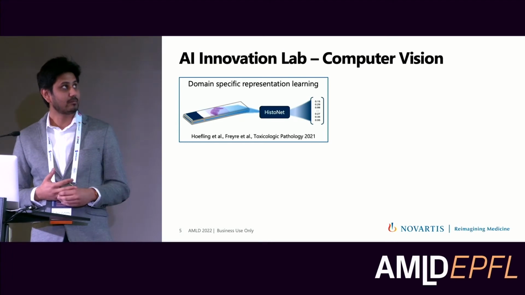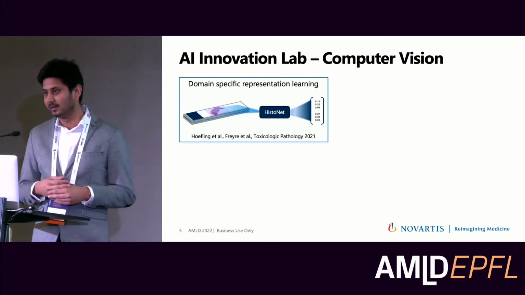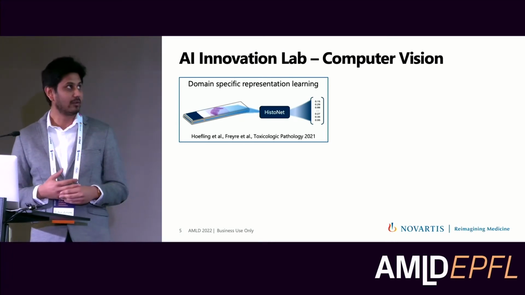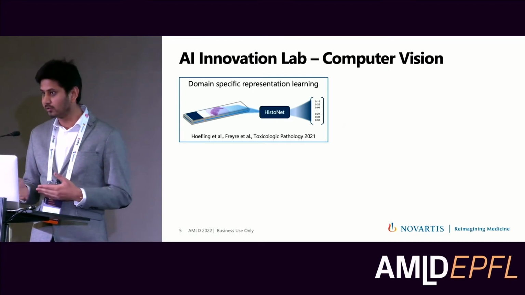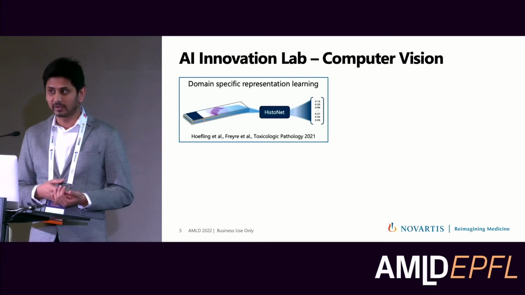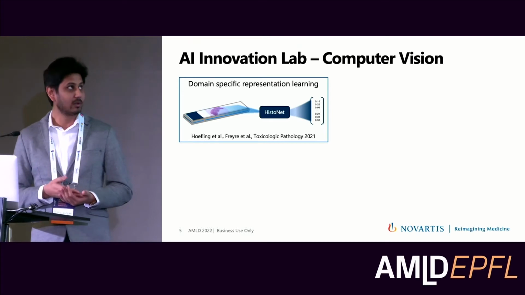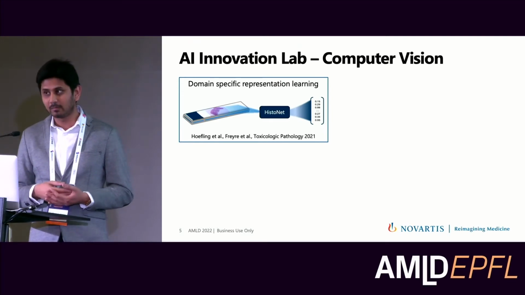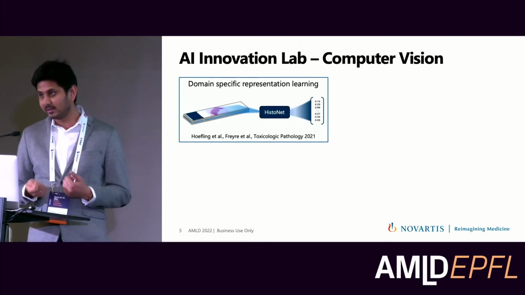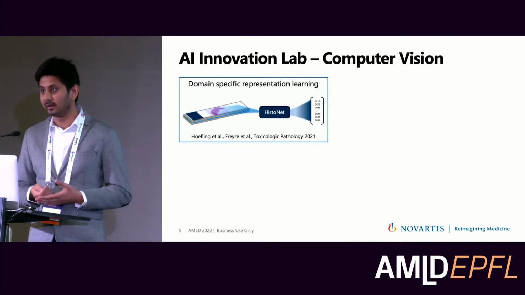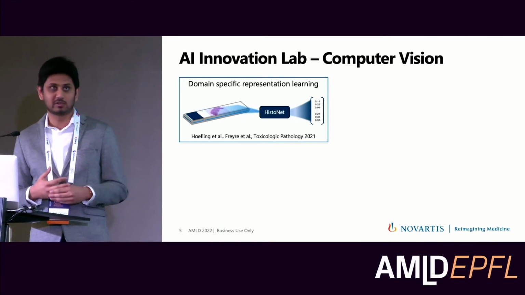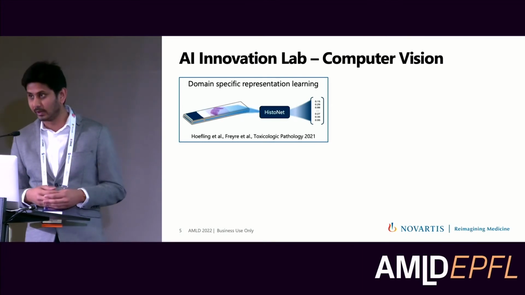By analyzing the representations of HistoNet, what we realized is that for any downstream tasks that are domain-specific, let's say downstream tasks for the histopathology domain, the representations of the HistoNet model are extremely rich and a lot better compared to general-purpose representations that you might extract out of natural image models, for example, models trained on ImageNet.